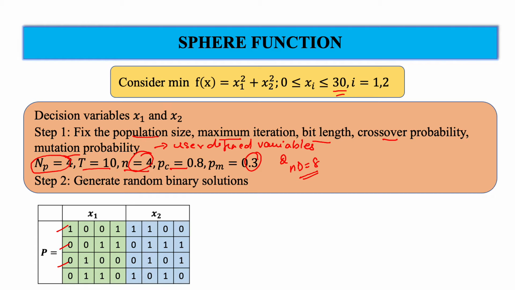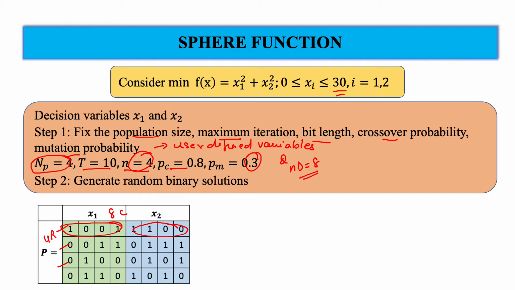Out of these 8 bits, the first 4 will define the x1 variable and the next 4 bits will define the x2 variable, similarly for the rest of the population. We have taken population size 4, so we have 4 rows and 8 columns, because there are 2 variables, each variable represented by 4 bits.